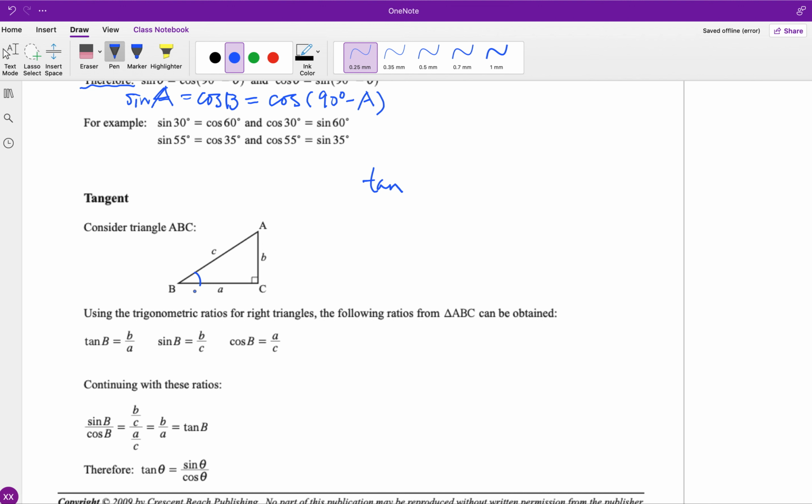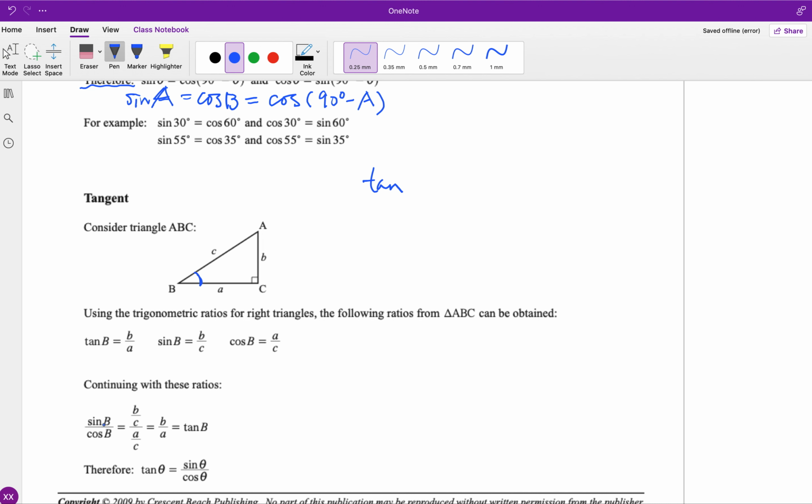Now sine B is the opposite over the hypotenuse, so b over c. Cosine B is the adjacent, which is a, over the hypotenuse c.